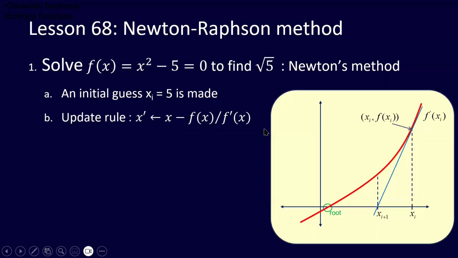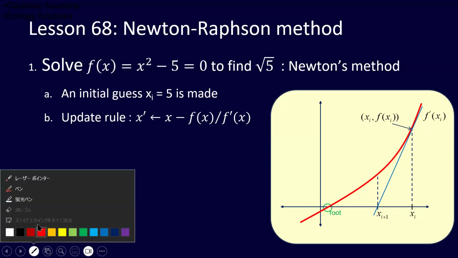The basic idea is that here we make a tangent line, and then here again we make a tangent line, and repeating this we can find the root very, very fast.